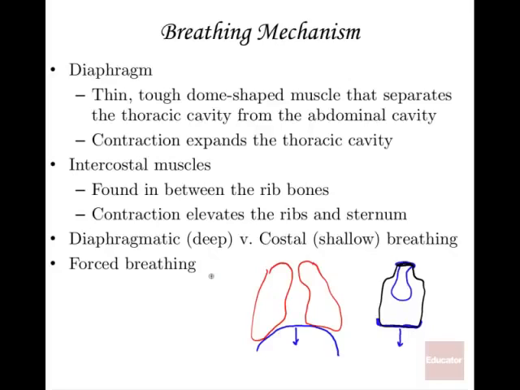Forced breathing is another story. Forced breathing is even more significant than this deep diaphragmatic breathing. That could be due to stress, overexertion, or hyperventilation. Forced breathing is where your abdominal muscles and other accessory muscles assist with getting air in and out.